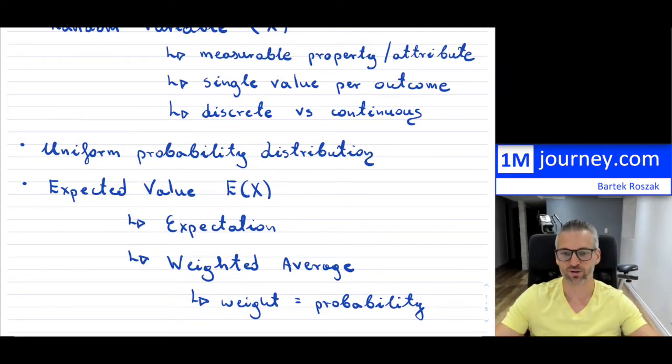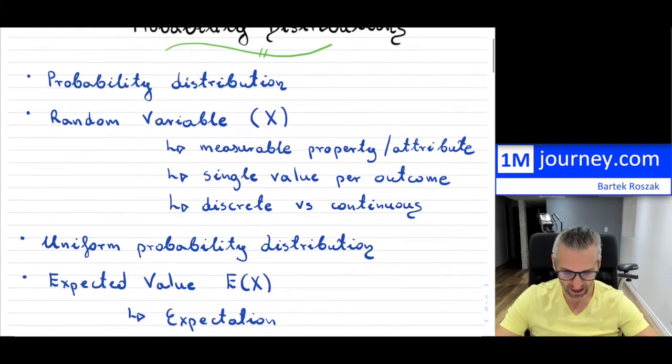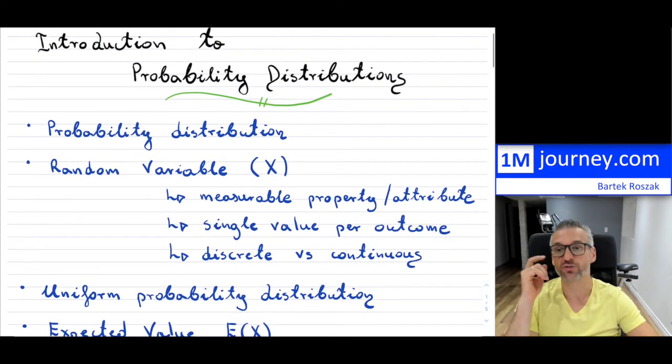That's exactly what we're calculating, except the weight is the probabilities. And you know that probabilities all sum up to 1 just by definition, if everything is actually working out correctly. So let's dive into these topics, and that's going to be the introduction to probability distributions that I want to cover in this video.